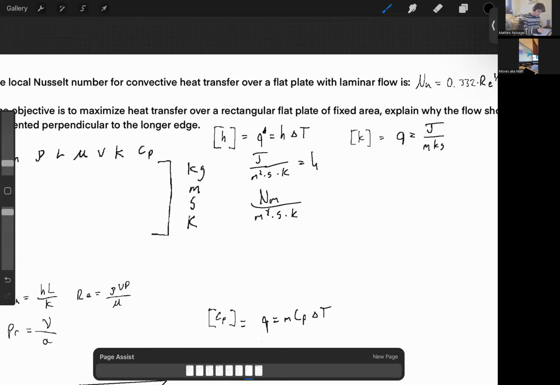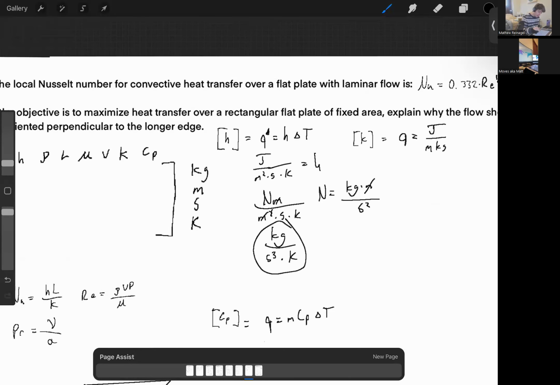We can cancel the square and remove the n. Newtons equals kilograms meter per second squared. When we apply this, we get rid of the m here, the n here, and we get kilograms per seconds cubed per Kelvin.